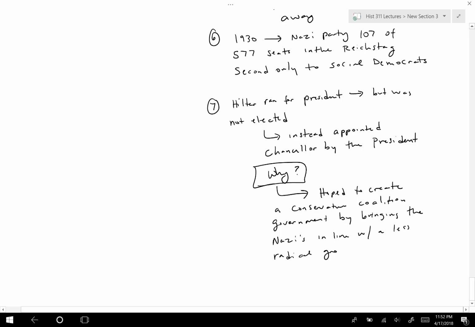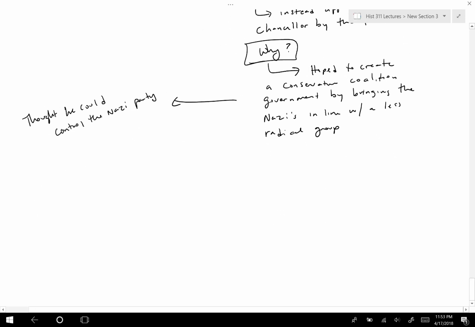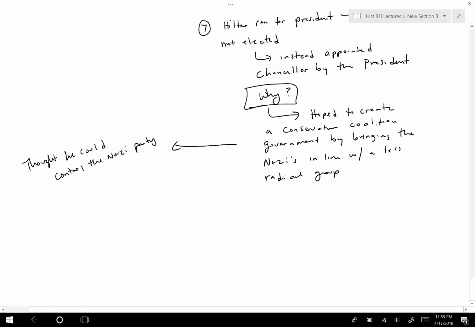Essentially, what does this mean? Essentially, he thought he could control the Nazi party, and make them fall in line. Of course, the problem with this is that he underestimated Hitler and his ambitions.